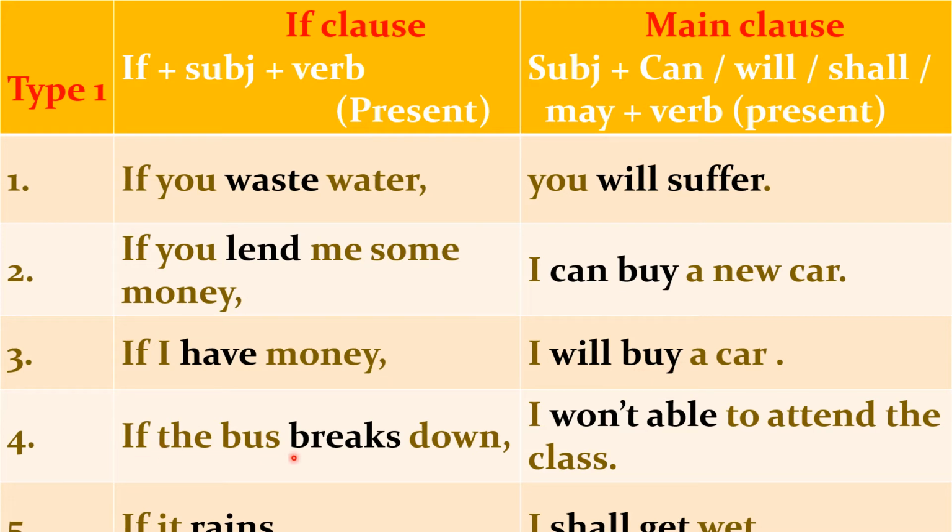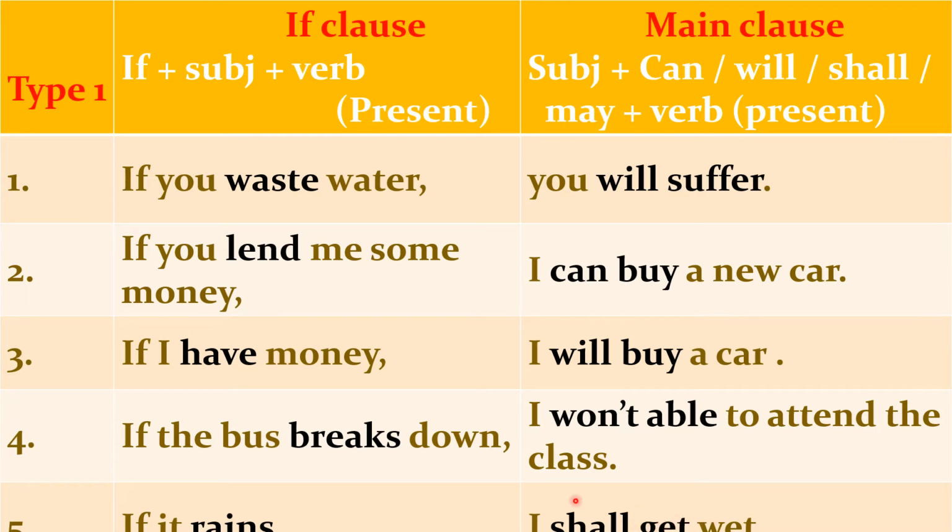If the bus breaks down, I won't be able to attend the class. The next one, final example, if it rains, I shall get wet. If plus subject plus simple present tense, subject plus shall plus present tense.